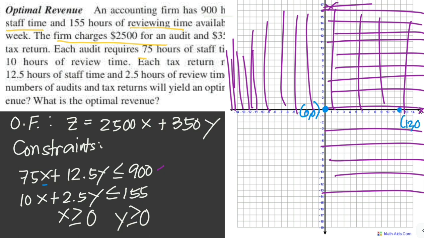And then when x is 5, y is 42. So when x is 5, y is 42. It's somewhere here. (5, 42).